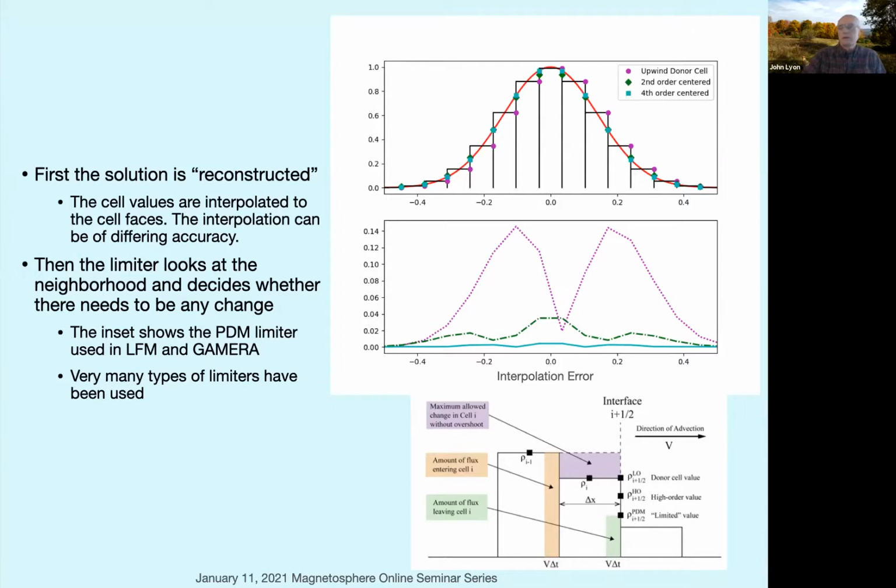Below here, we have the limiter that's used in LFM and Gamera, and what you should think of is that the whole distribution moves to the right a certain amount, which is basically the brownish area there from row I minus 1 into row I. And so that's flux coming in, and then there's flux going out, which is the green amount over there, which is what the limiter says is the minimum allowable amount that you can get out, that you can leave.